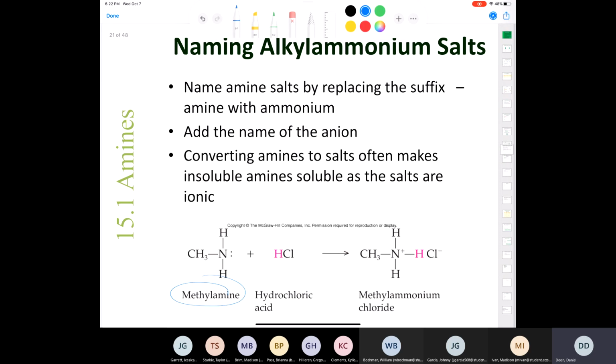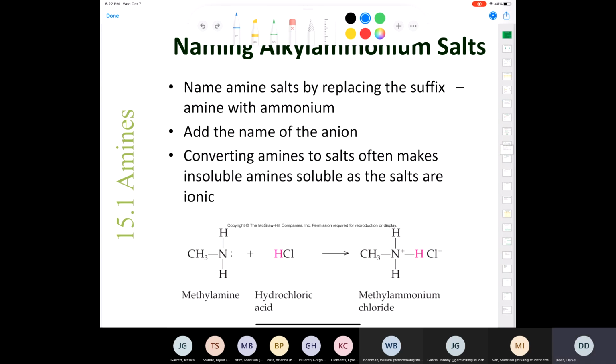We see that down here. If you had ethylamine, it would be ethylammonium, propylammonium, and so on. So we replace amine with ammonium. Then we add the name of the anion. If your anion is chloride, it's chloride. If it was bromide, it would be bromide. If it's iodide, it's iodide, and so on. So nothing more than that.